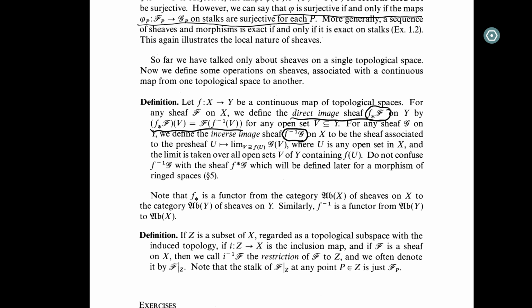It doesn't send open to open, although its inverse sends open to open because it's continuous. So the way is to take all the opens containing f(U) and take the direct limit. Call this the direct image, call this the inverse image.